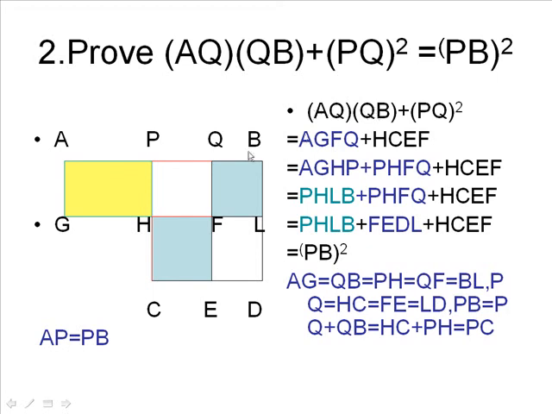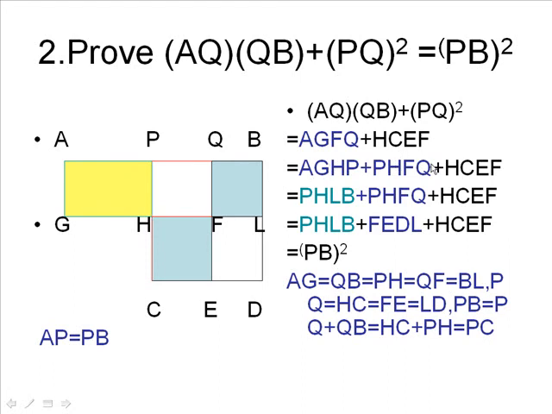AQ times QB, as we constructed, is the area of this rectangle AGFQ. And the PQ squared is the area of HCEF square. And this rectangle can be split into two rectangles, AGHP and PHFQ.